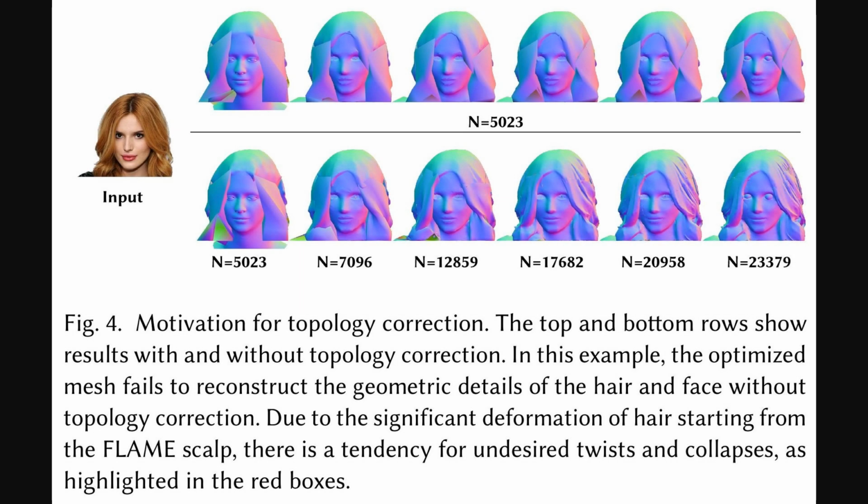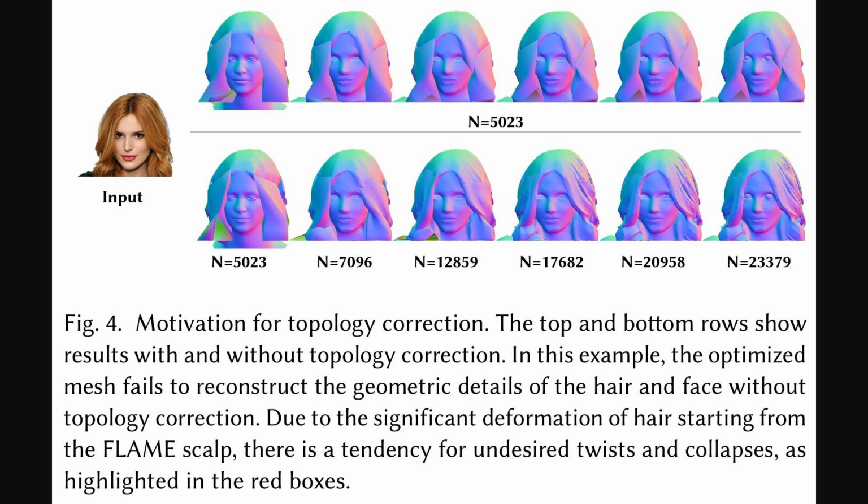Alright, so those loss functions we just discussed guide the overall shaping of the 3D head. But Figure 4 here really demonstrates why another part of that optimization process, specifically topology correction, is so vital. Topology, in this context, refers to the fundamental structure and connectivity of the 3D mesh. Looking at the figure, with the input portrait on the left, the top row shows normal maps of the optimized mesh without this topology correction.